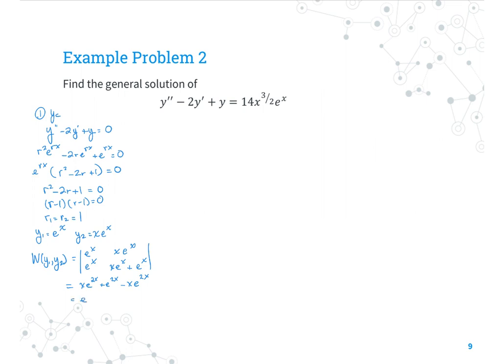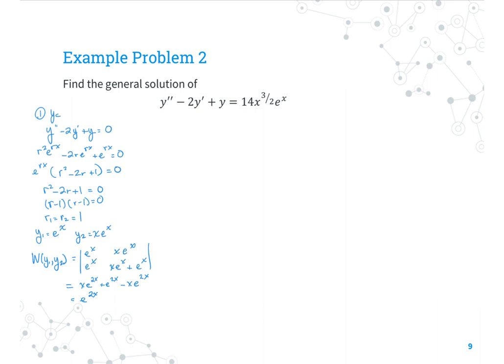So we end up with just e to the 2x. Well, first of all, we know this is never going to be 0, so our solution to the complementary equation is valid over all real x. So it does form a fundamental set of solutions over all x.